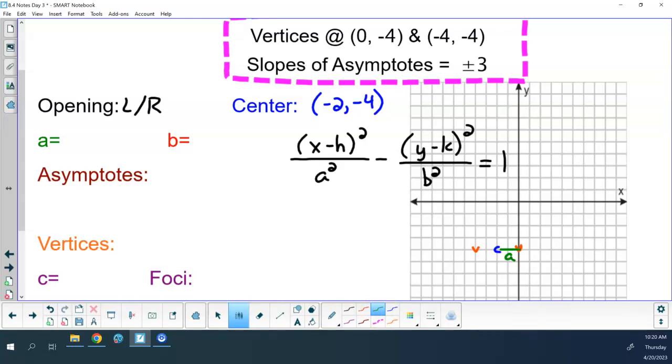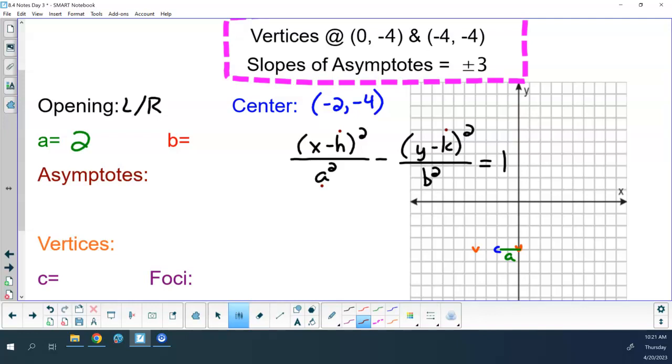So A is going to be 2. So I've got H, it's -2. I've got K, it's -4. And I've got A, it's +2. The only thing left that I need is B.